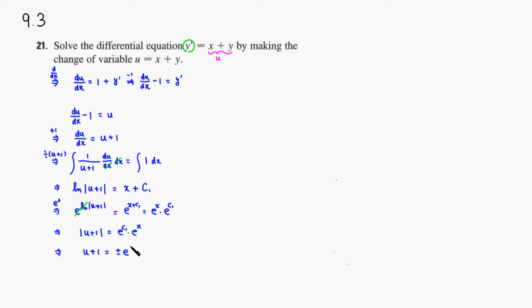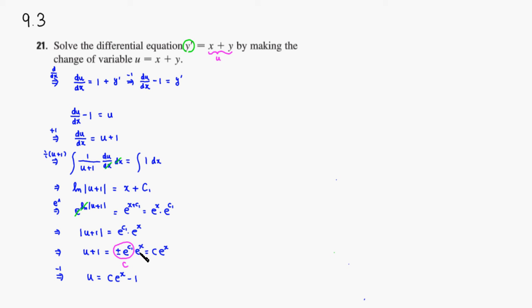So u plus 1 is equal to plus or minus e to the c1 times e to the x. Since plus or minus e to the c1 is just a number, I'm going to use c for this guy. Then this is c times e to the x. If you're looking for u, then we can simply subtract 1. So we have u is equal to c times e to the x minus 1.